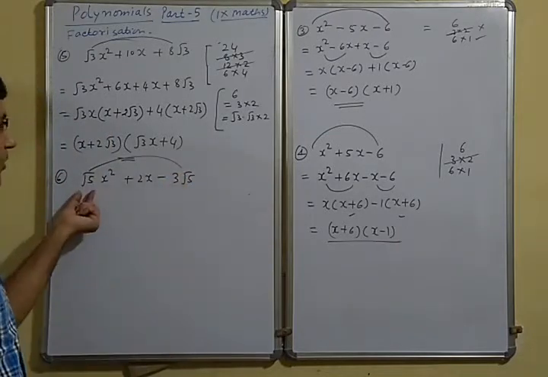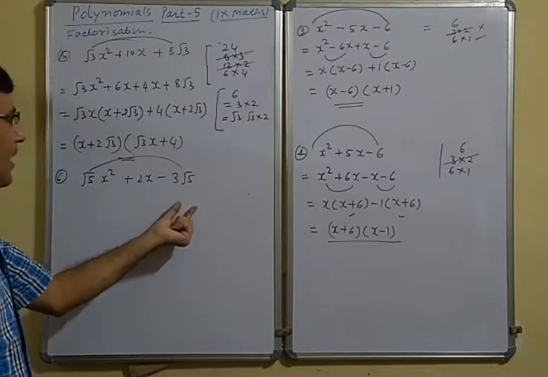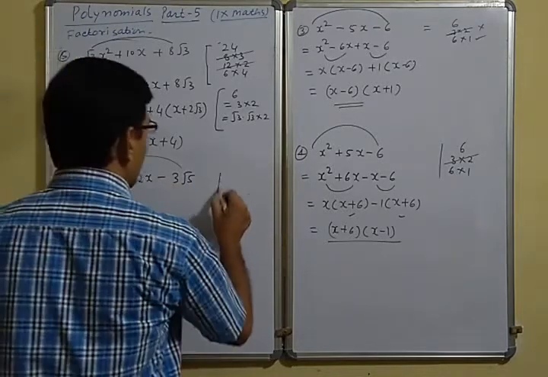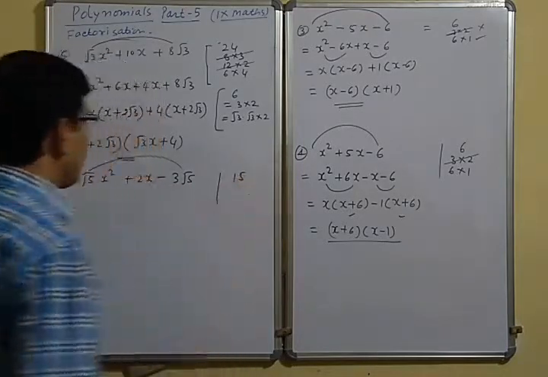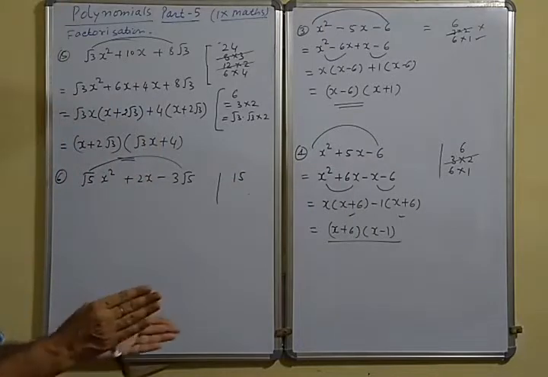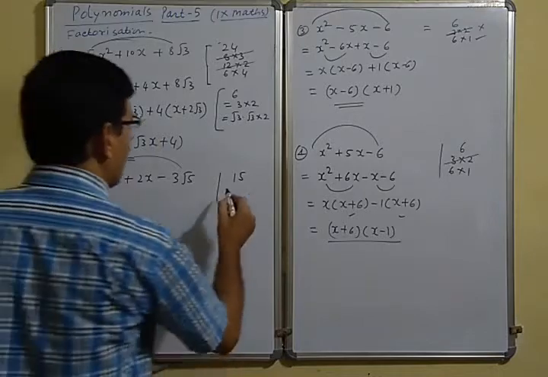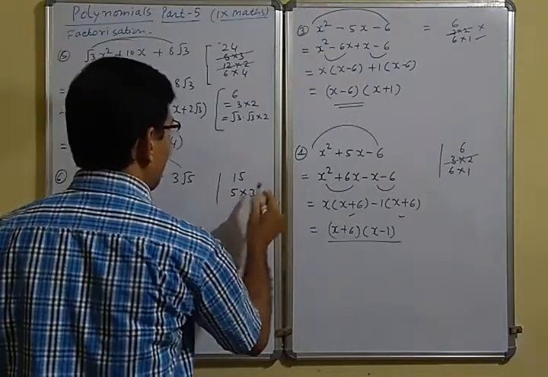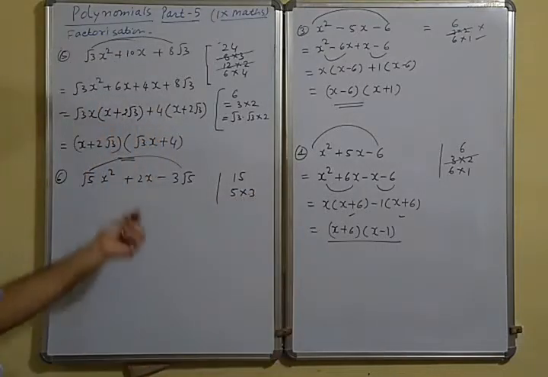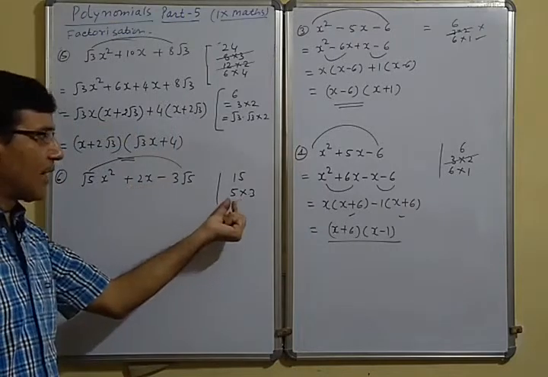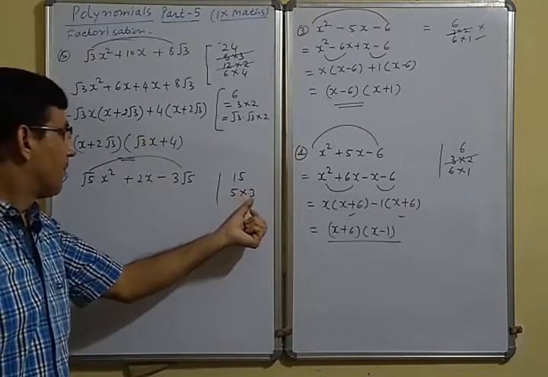Root 5 into 3 root 5 becomes 5 into 3, which is 15. Now we have to factorize 15 into two parts such that their sum or difference is 2. So that is 5 into 3, and to get plus 2, it becomes plus 5 minus 3.